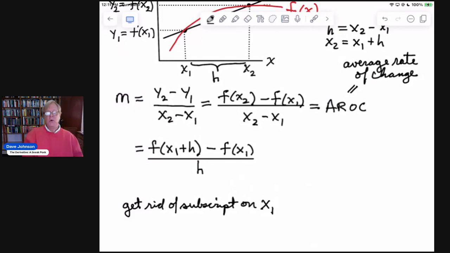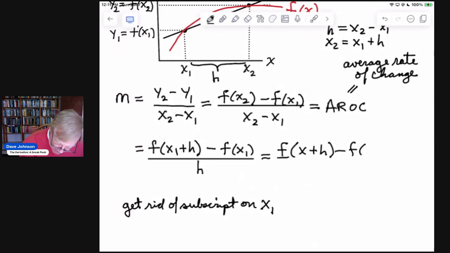What is that going to do? Well, now we can think of the x1 as being variable instead of being a fixed point. I'm just going to call it x. And so let's make that change. So f of, well, the x1 becomes x plus h, minus f of x, and then divide by h.